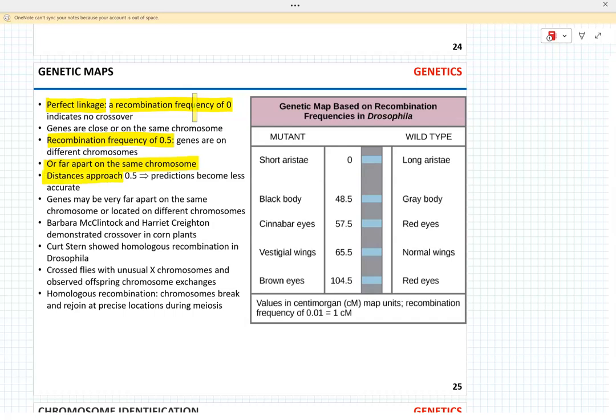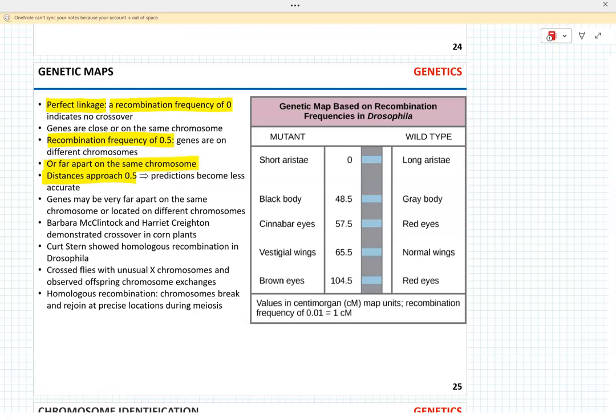However, when the distances between the genes become closer to 0.5, the predictions of whether these two genes are located on the same chromosome or on two different ones become less and less accurate. Because if you think about this, if the recombination frequency gets closer to 0.5, there are two options.